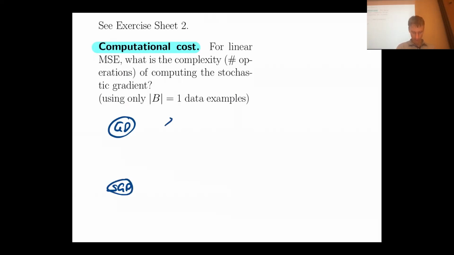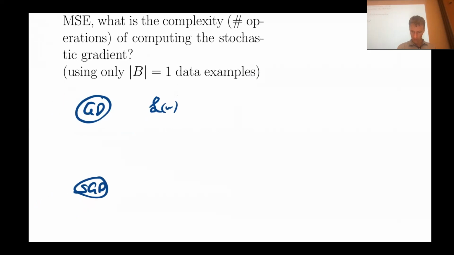In gradient descent, we were interested to minimize the full function, which is the average of all data points, small n from 1 to big N, of 1/2 times, and now here comes the crucial part, the label minus the model.